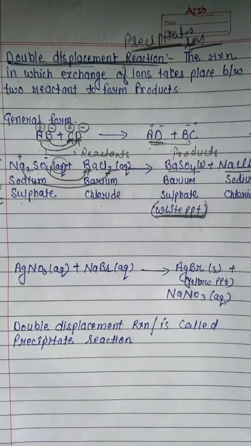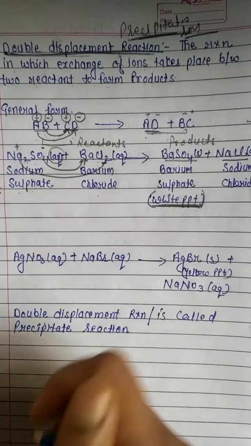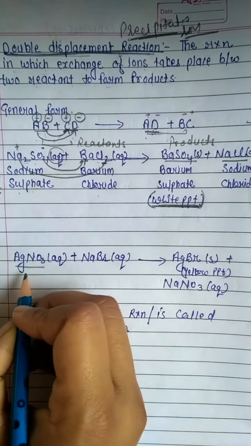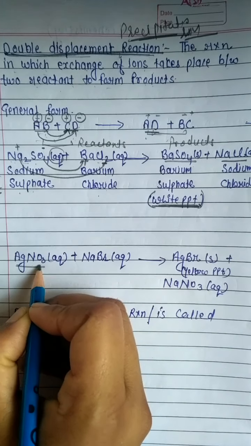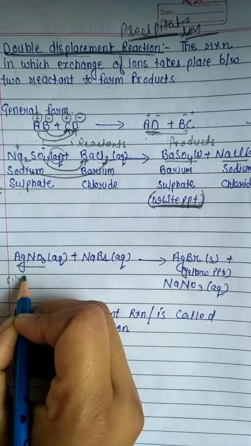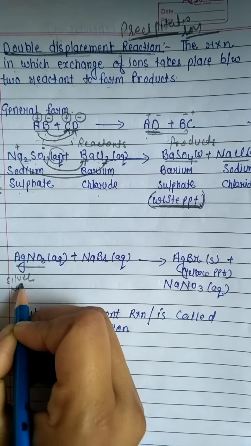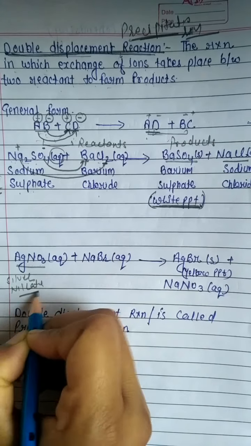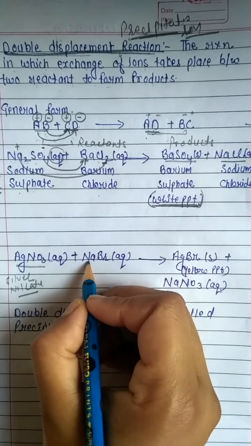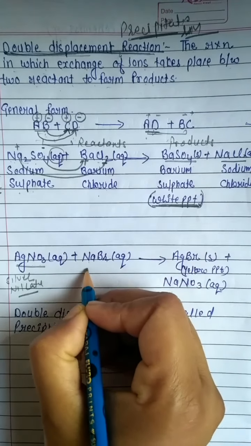Now I am taking another example, silver nitrate, AgNO3. The second one is sodium bromide.